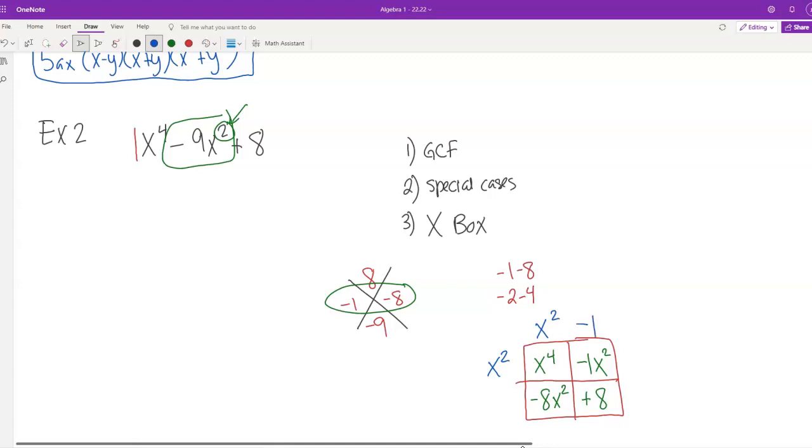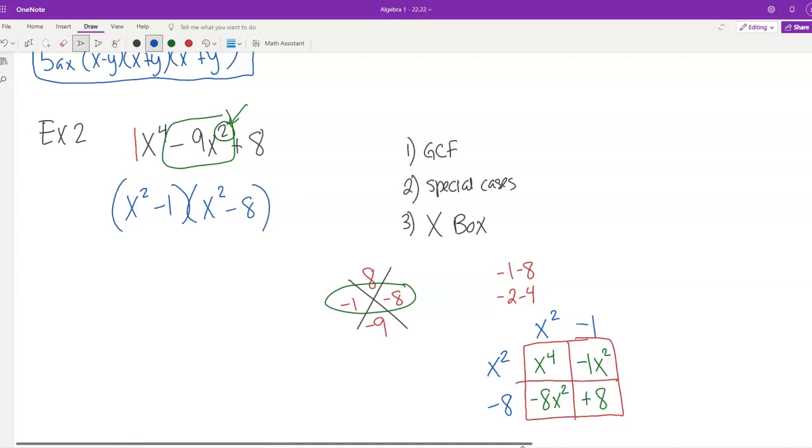Well, -1. x squared times what is going to give you -8x squared? Well, it's got to be a -8. And if we check -8 times -1, yep, gives us a +8. So by using that method, I now have x squared - 1, and I have x squared - 8.